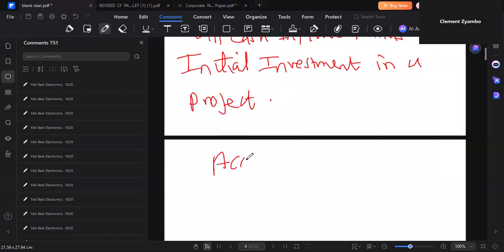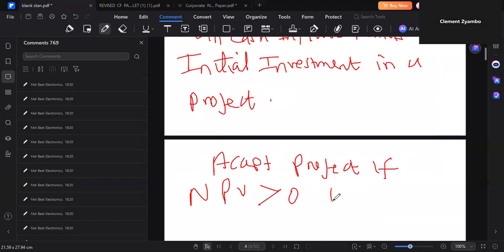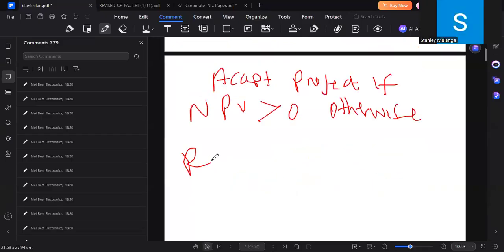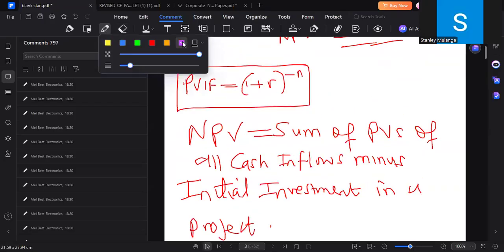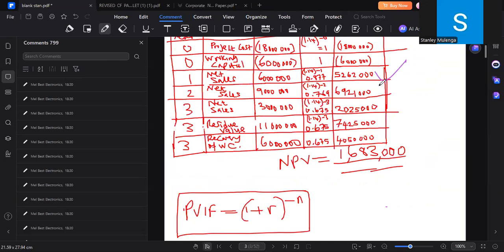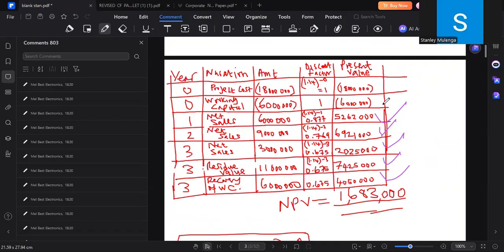So accept the project if NPV is greater than 0. Otherwise, reject the project. Okay, so this is what goes on. Meaning that we are just summing up these amounts minus the outflows. Okay, so that is it, what we have here.